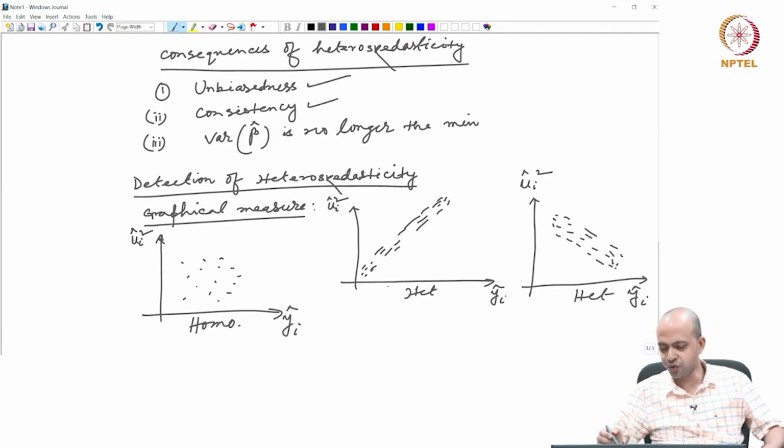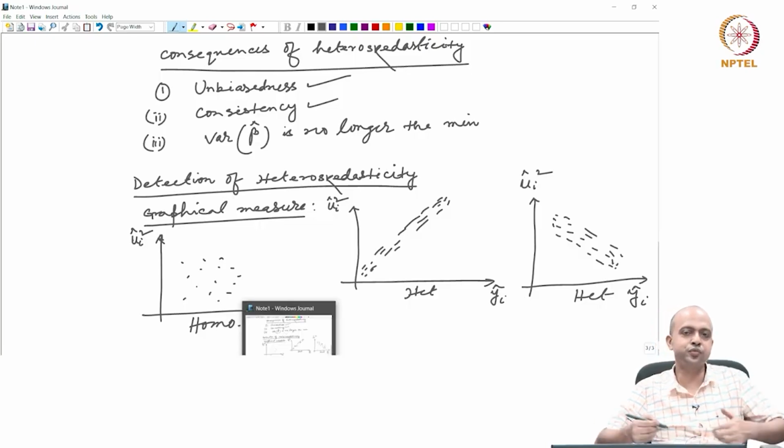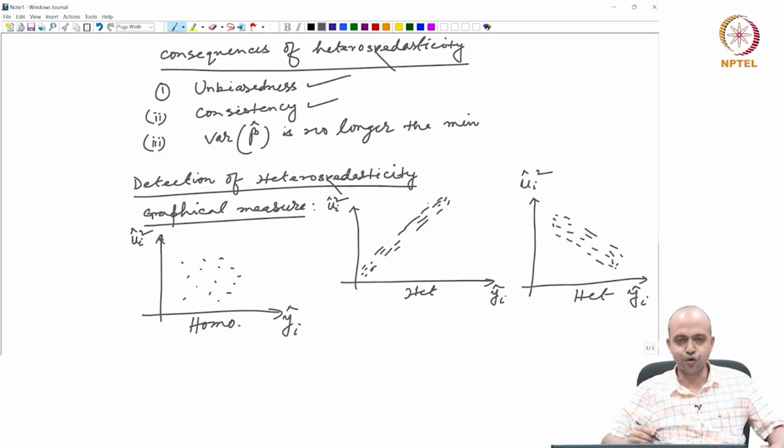You plot ui hat square against yi hat. Then you see whether you can observe some kind of pattern, okay, either upward sloping or downward sloping. If there is some kind of pattern, that is basically an evidence of heteroscedasticity. If no such pattern emerges, then we will say that the error variance is homoscedastic, right, homoscedastic.